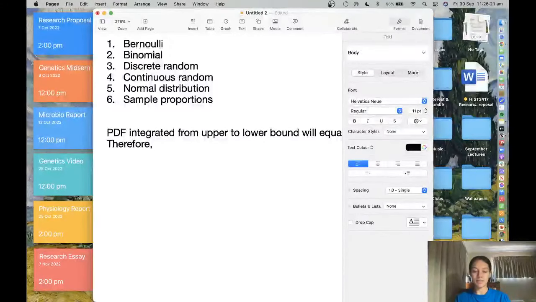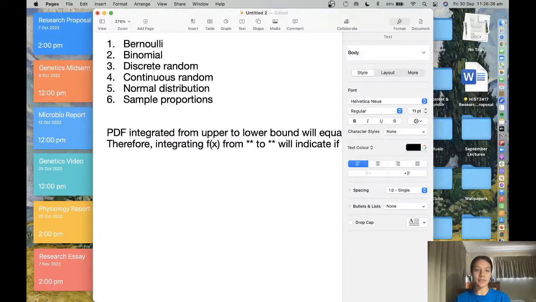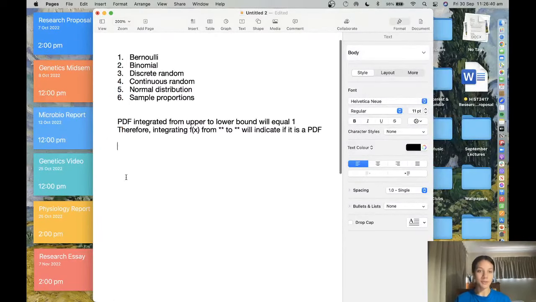Therefore, integrating f of x from whatever the bounds were should indicate if it is a PDF. That's an example of being super extra with the explanation. Then you'd do the working out, and then you go, the integral is equal to 1, and you have your concluding statement.